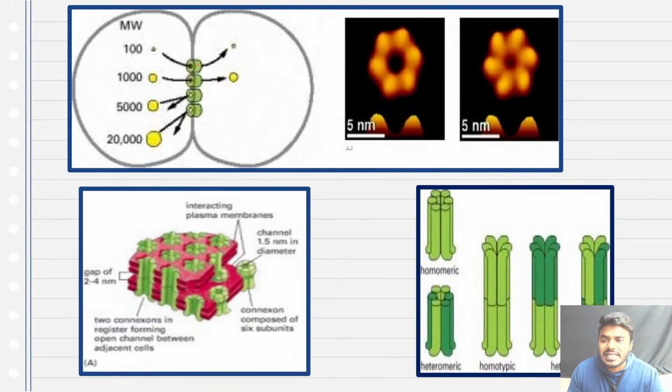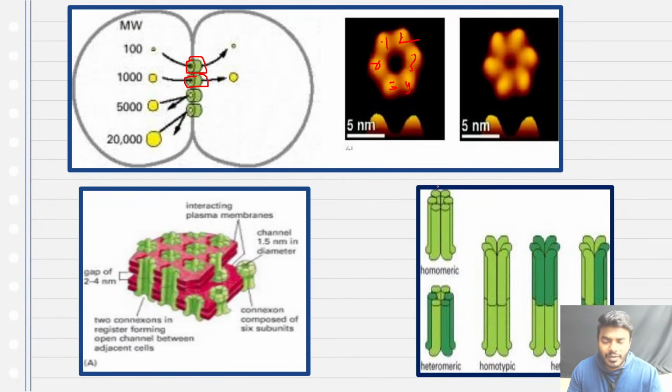This is called a connexon. This connexon is made up of 1, 2, 3, 4, 5, 6 connexins. 6 connexins come close together and form one connexon molecule. Do not get confused with that.